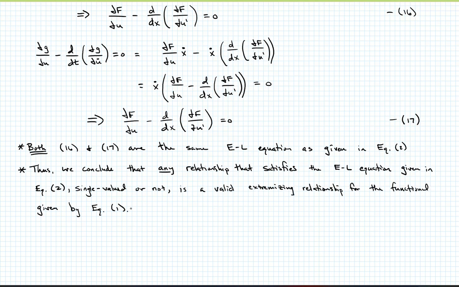So the upshot is sometimes you want to frame your extremization or optimization problem in the form of equations 9, where you're going to explicitly get that parametric dependence. But even if there happens to be a parametric dependence, if it isn't a true function or one-to-one function, like we saw with the isoperimetric problem that we did an example for, that solution that we obtained from equation 2 is still valid. And that was what everything after equation 9 up through equation 17 was demonstrating: that those solutions are in fact equivalent.